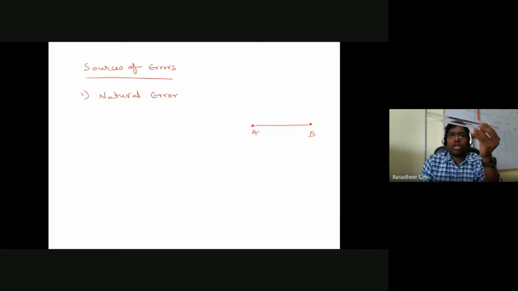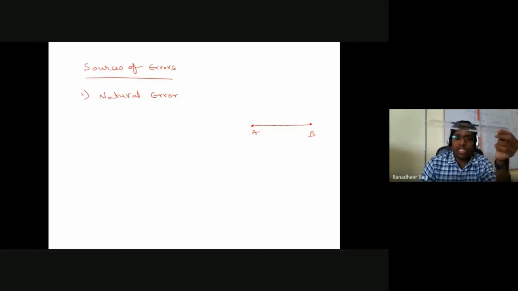Now, when I'm trying to measure the distance between these 2 points, the scale I am trying to use here is a 30 centimeter length scale. When this particular scale, the so-called 30 centimeter scale, was manufactured, it might have been manufactured at some standard temperature, let's say, for example, 27 degrees centigrade.